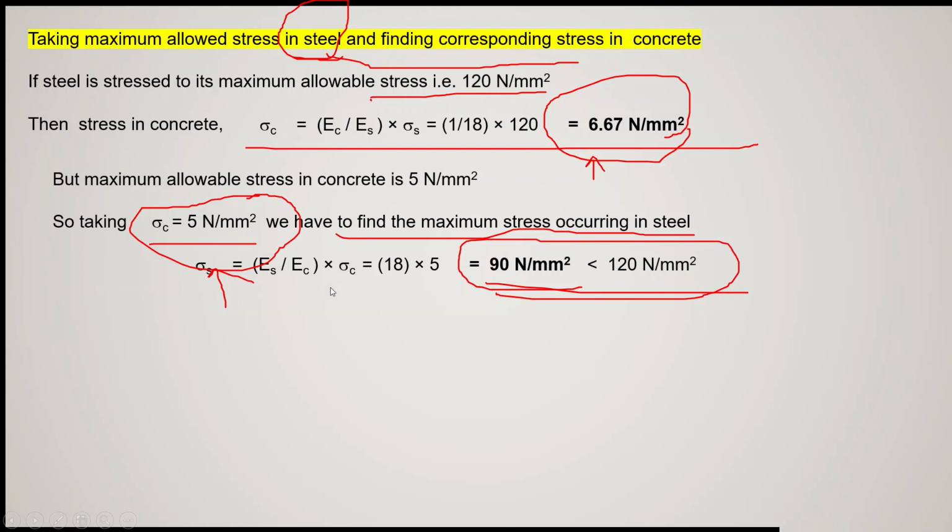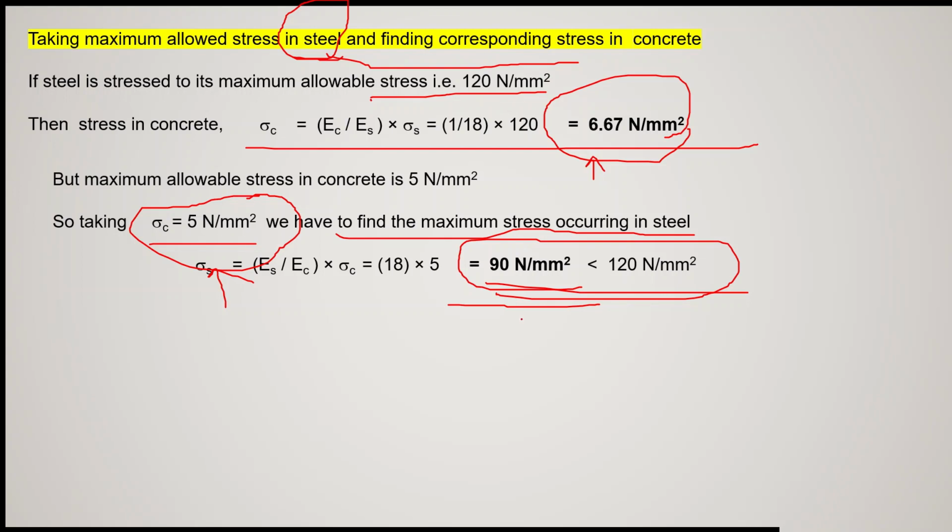By using this formula, we can easily find out that the maximum stress in steel is coming out to be 90 Newton per millimeter square, which is less than 120, so it is allowed. So it is very clear that if concrete is stressed up to 5 Newton per millimeter square and steel up to 90 Newton per millimeter square, our composite section, that is the RCC column, will not fail.